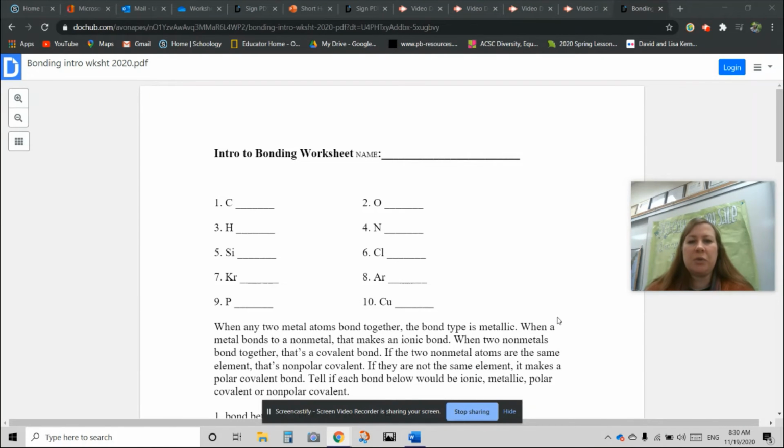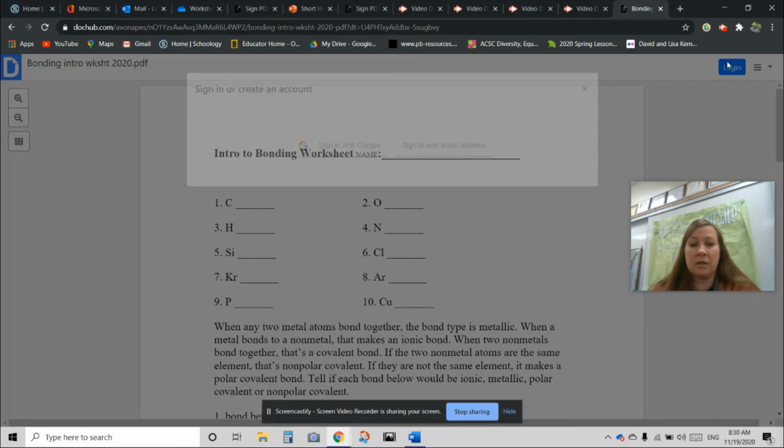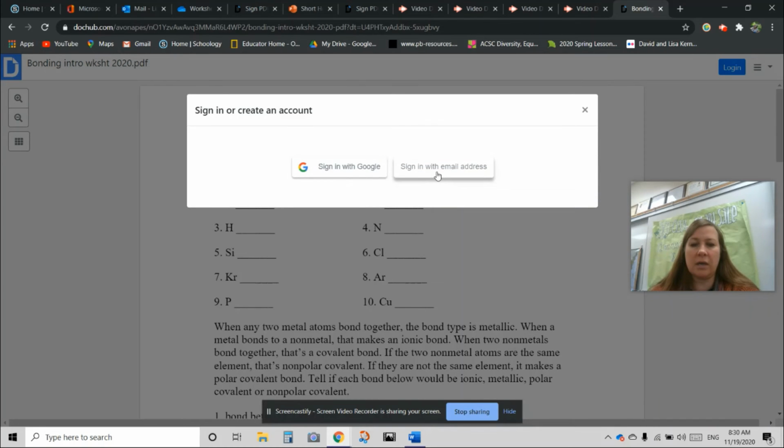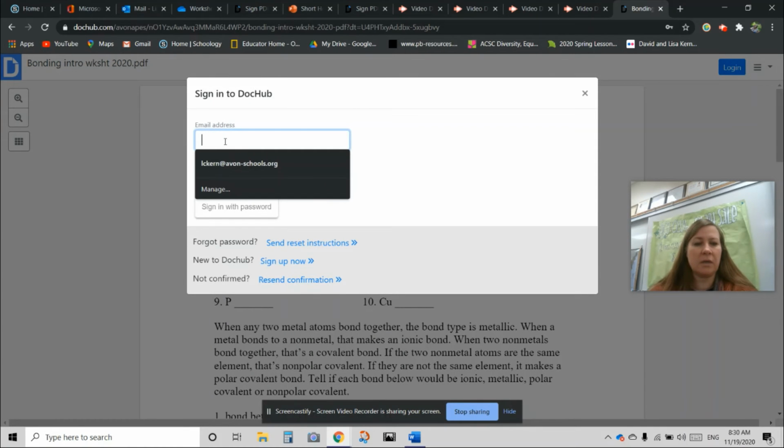Okay, now we're going to do the homework worksheet to practice a little bit with bonding and make sure we remember what we learned. So the first thing you're going to do when you click on the link to the worksheet is you're going to log in. So you should already have a login. We've done this before.